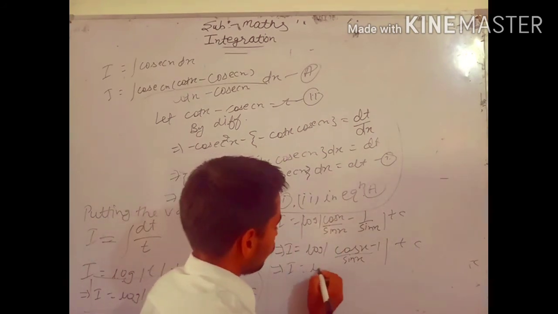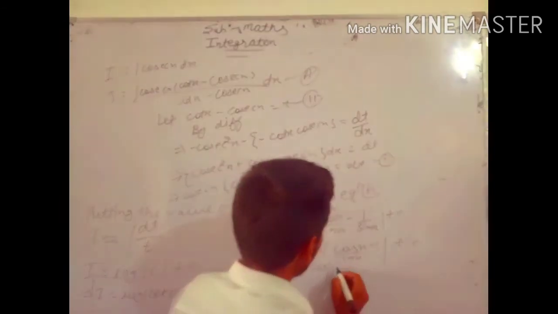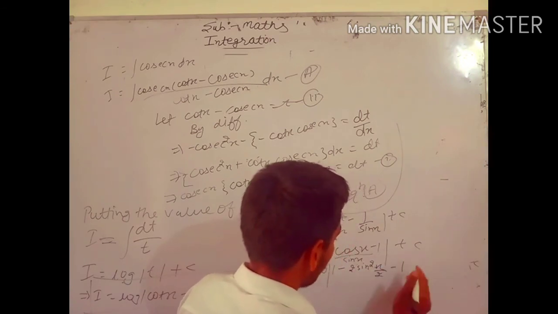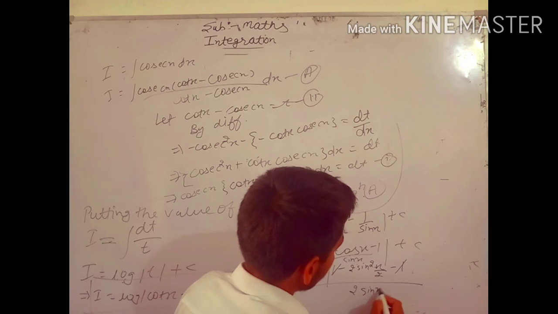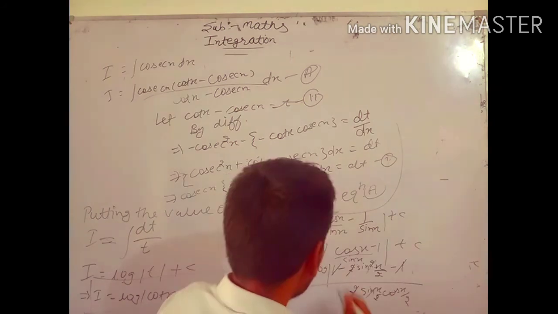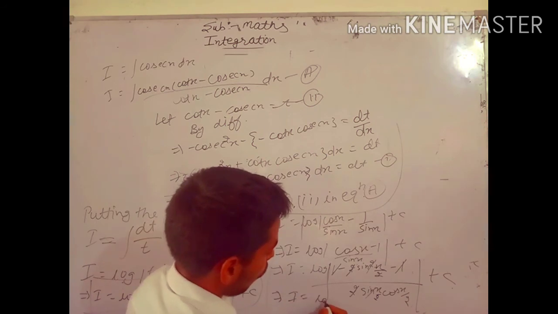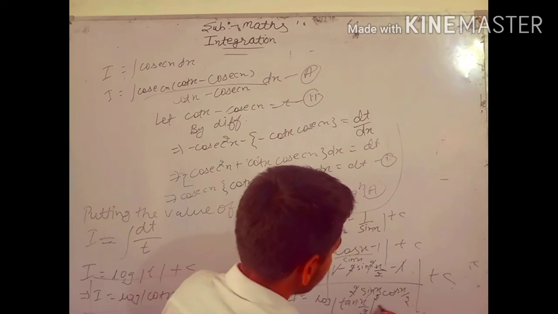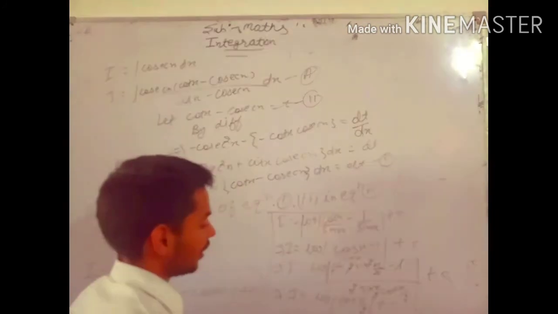We know the formula of cos x in terms of sin: cos x is equal to 1 minus 2 sin square x by 2, and minus 1 is already there, so 1 is cancelled by 1. Sin x is equal to 2 sin x by 2 cos x by 2. 2 is cancelled by 2, sin x by 2 is cancelled, and in the mod all things are positive. So I is equal to log of sin x by 2 upon cos x by 2, which is tan x by 2, plus c, and the sign is minus, so it becomes plus tan x by 2.